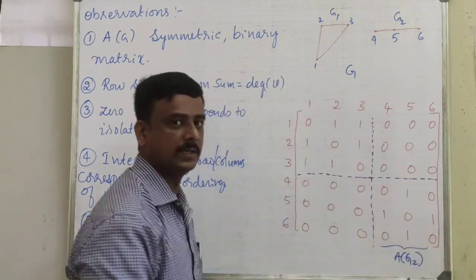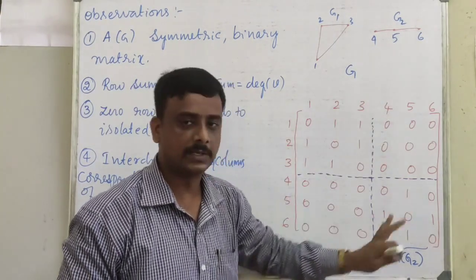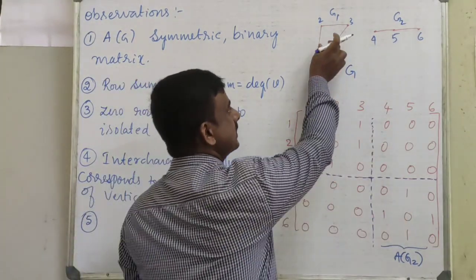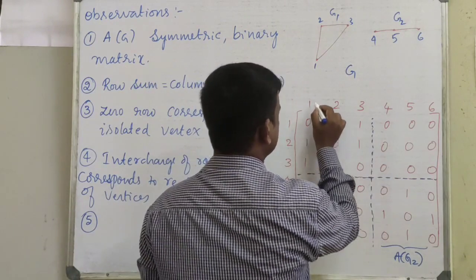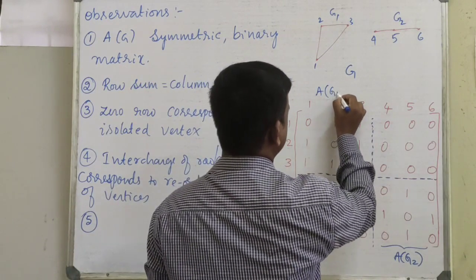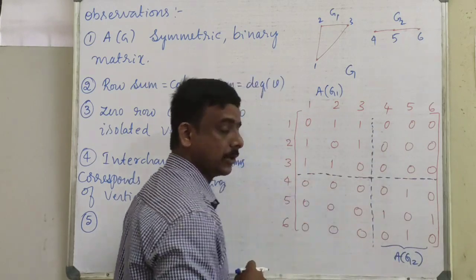Similarly, if you write the adjacency matrix of G1, that will be this one. So here you will get A of G. The remaining parts are a zero matrix here, and here also a zero matrix.